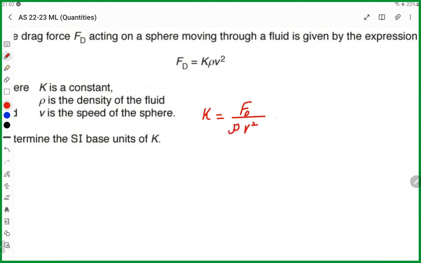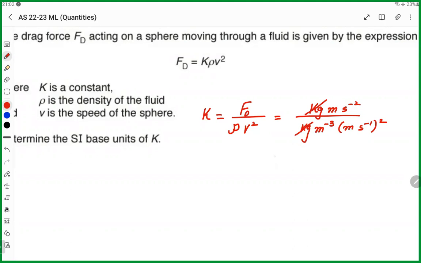So you will be doing kg meter per second square divided by density, which is kg per meter cube. Speed is meter per second, and there is a square on it. So I think you can see that the kg can simply be cancelled by kg.